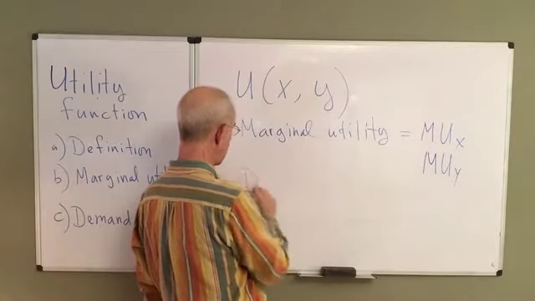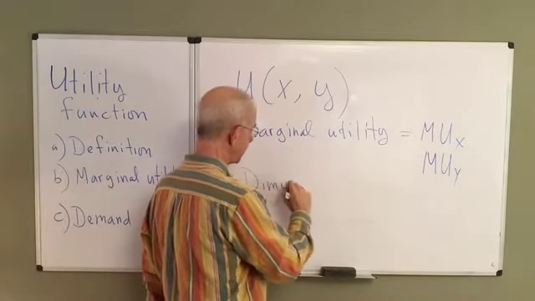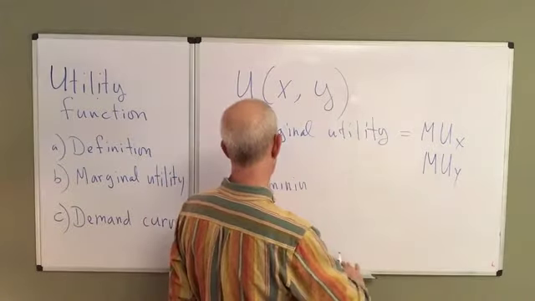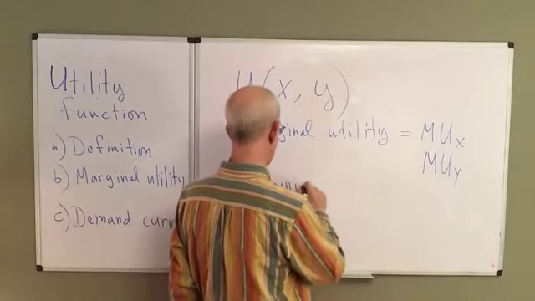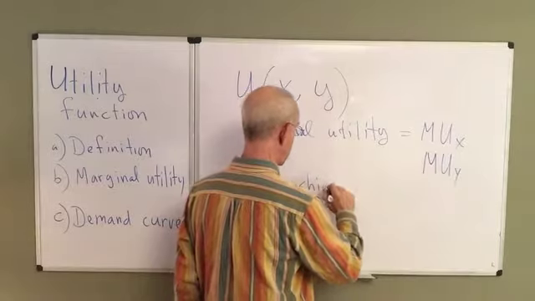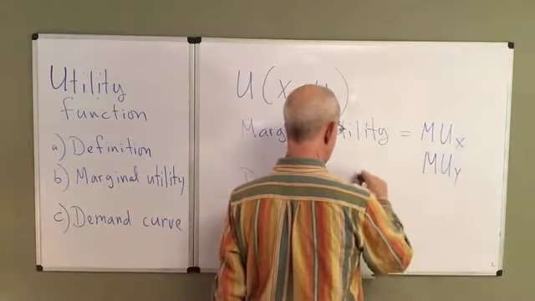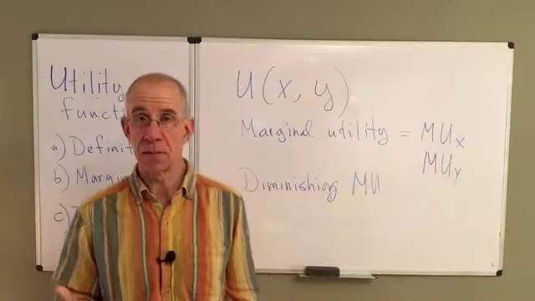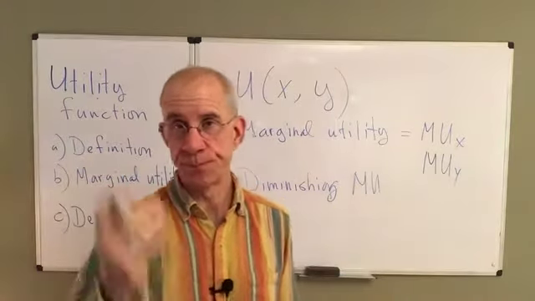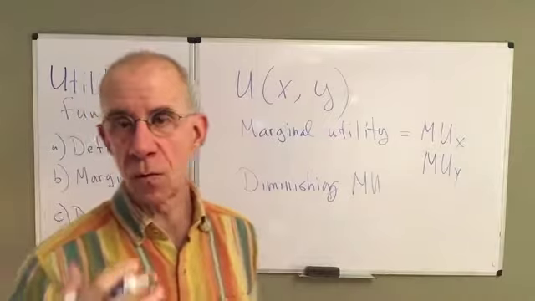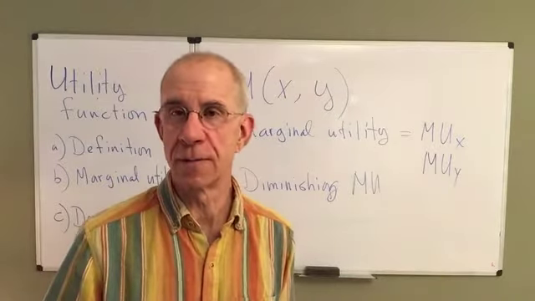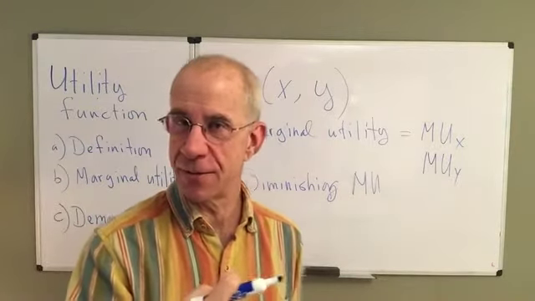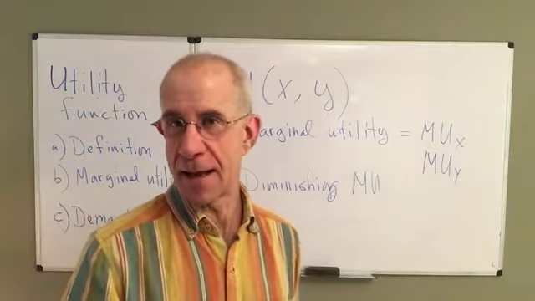Now, a frequent assumption is that there are diminishing marginal utilities for consuming more of a good. So my first cup of coffee in the morning, I get a big punch out of it. I get a lot of happiness out of that.